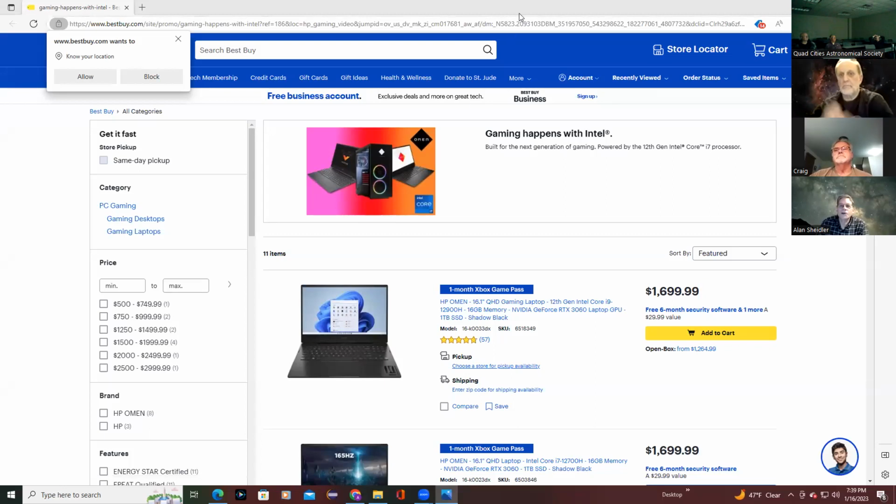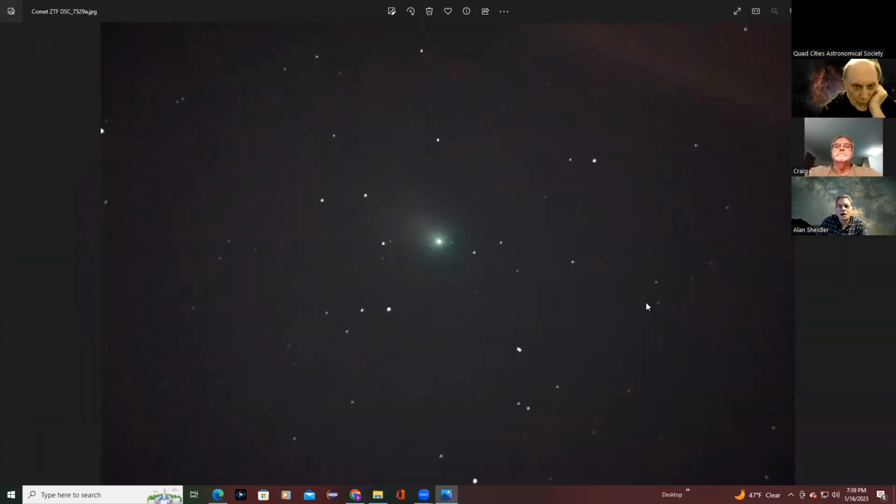Okay, let's see. Have you guys seen anything? Screen full of laps. Yep, there it is. This picture was taken on the 10th of January from my front yard with horrible light pollution from my street light and also from the full moon. It doesn't look too bad.